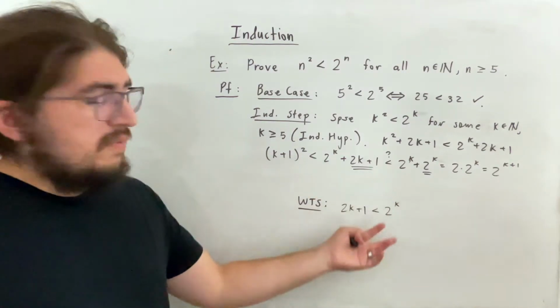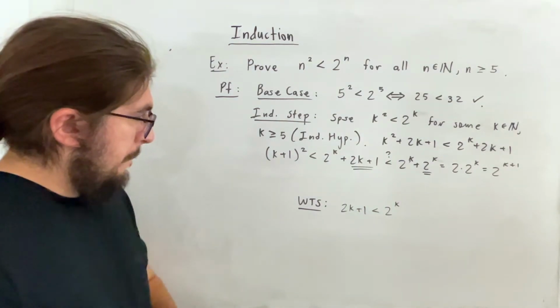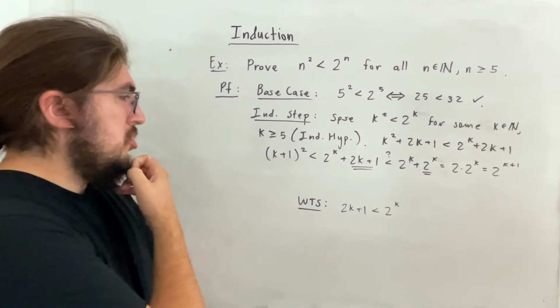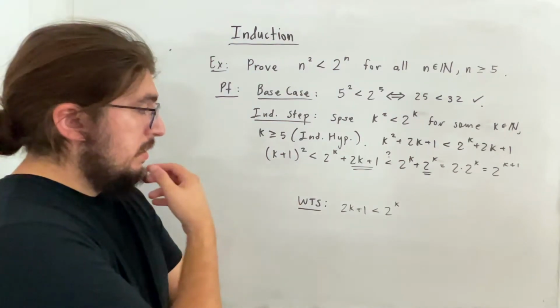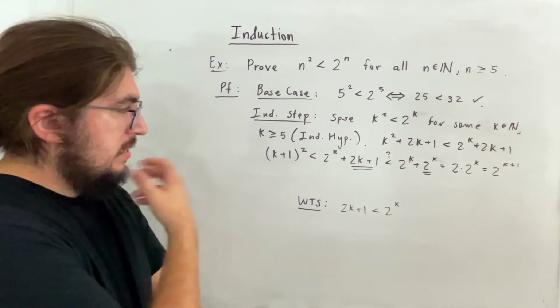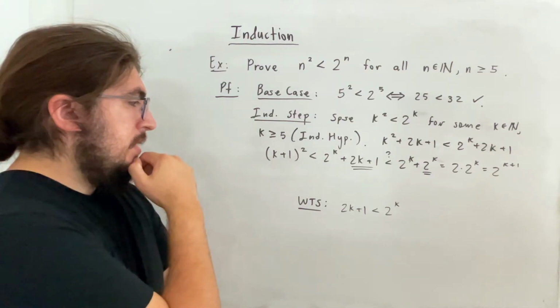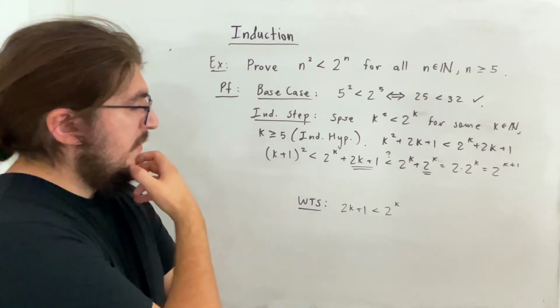So when k is bigger than 5, this is certainly true. Okay, but to show this, we need to do another induction proof within this proof. It's a very good question.